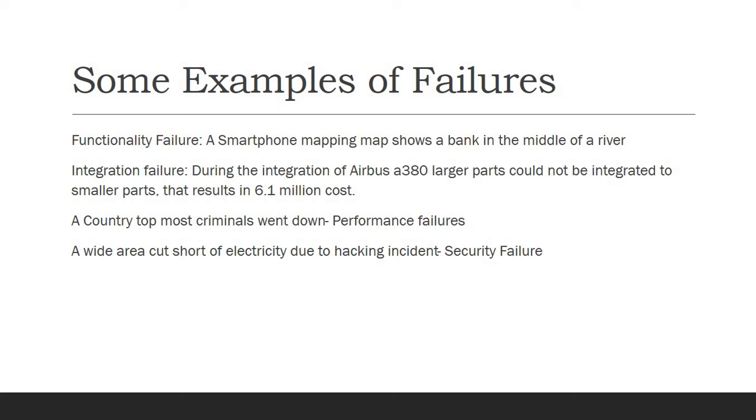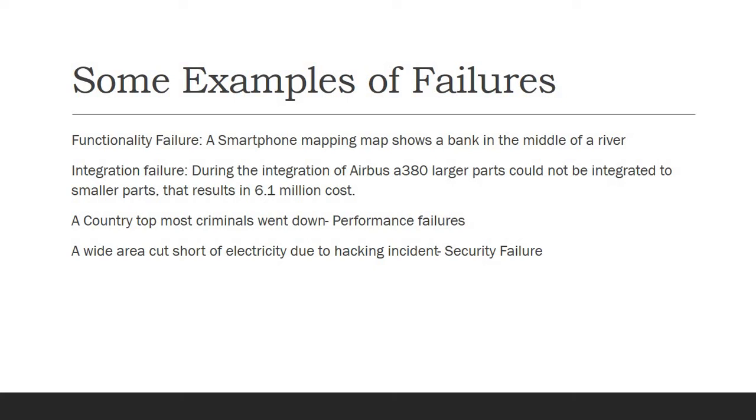The second is integration failure. Integration means putting things together. For example, with an Airbus airplane, larger parts had been manufactured, and when integrated with the smaller parts, it could not be done. That is an integration failure, and it resulted in almost $6 billion.